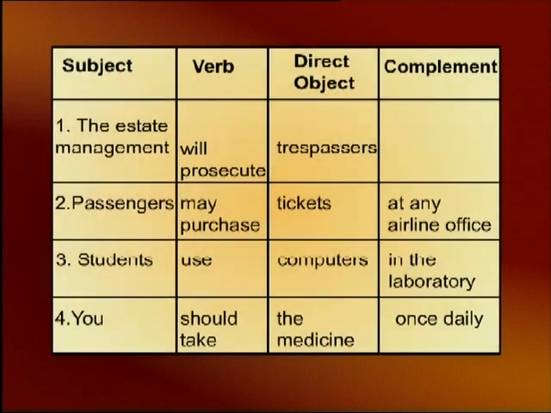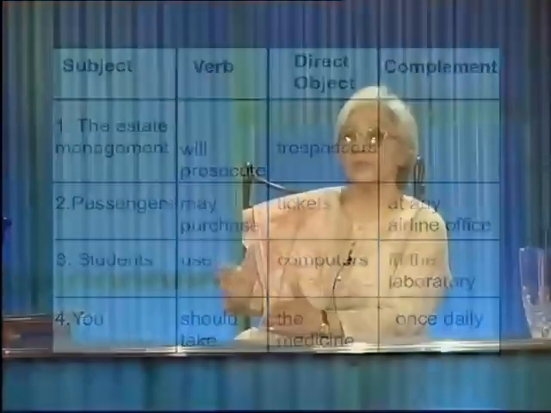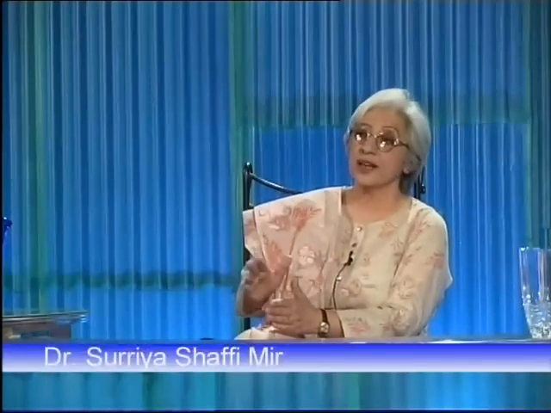Number 4, you should take the medicine once daily. You is the subject. Look at all the 4 subjects in that chart. Look at the verbs and look at the direct objects. The verbs in the active sentence need a direct object, right? They may or may not take complements, but they do take direct objects.